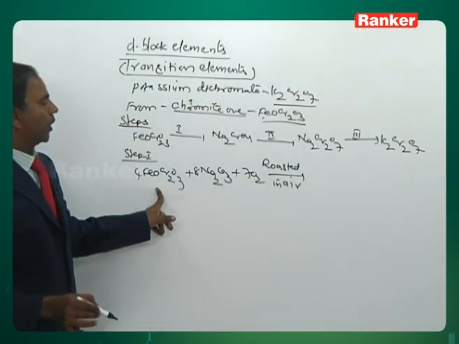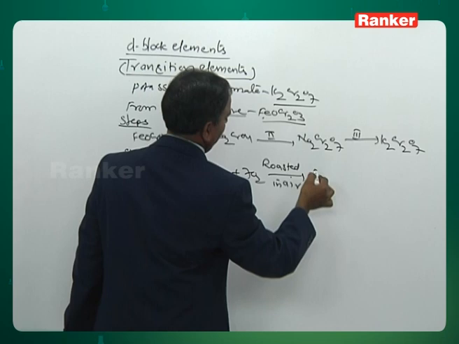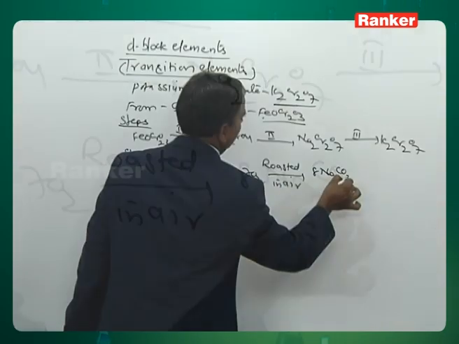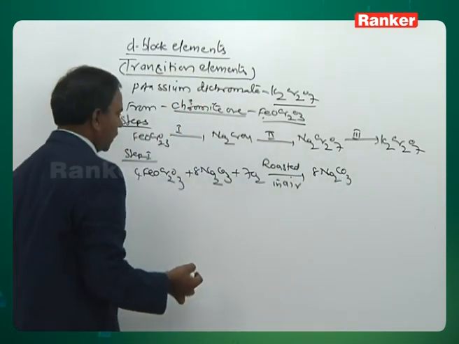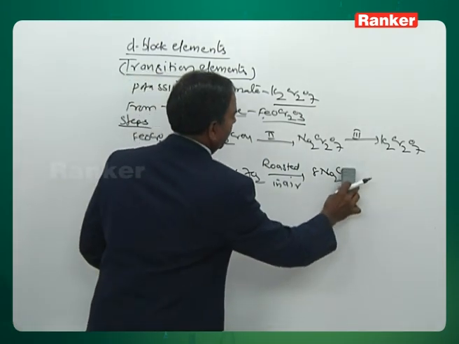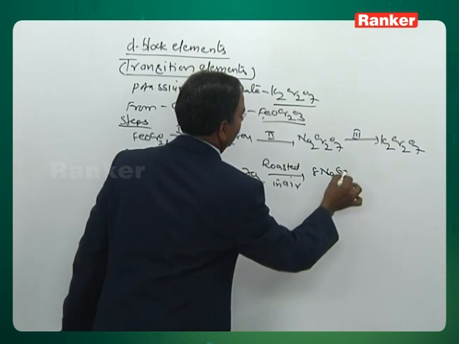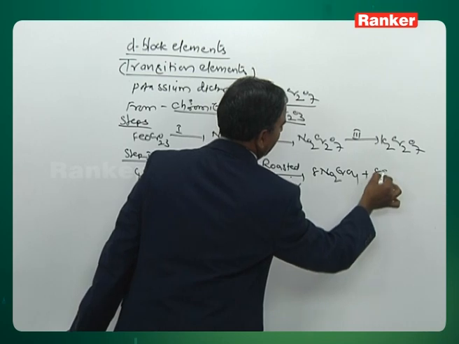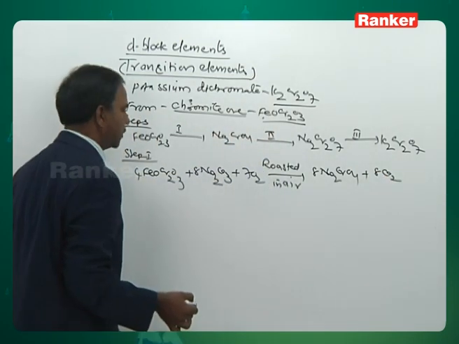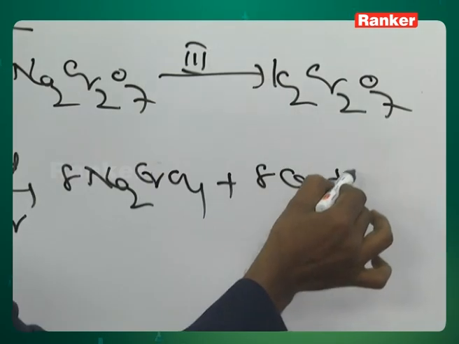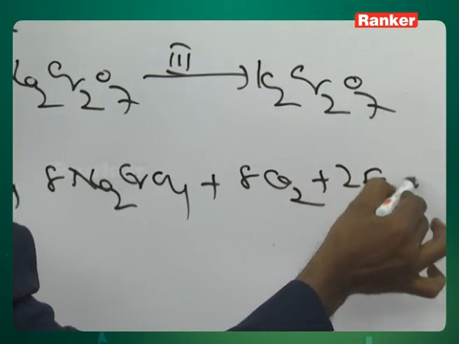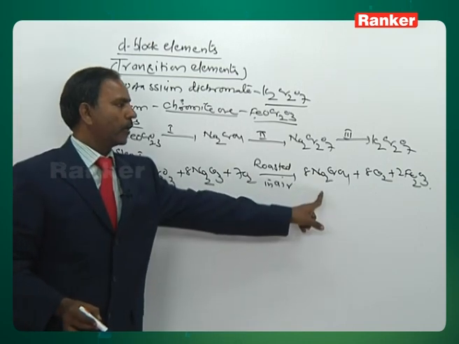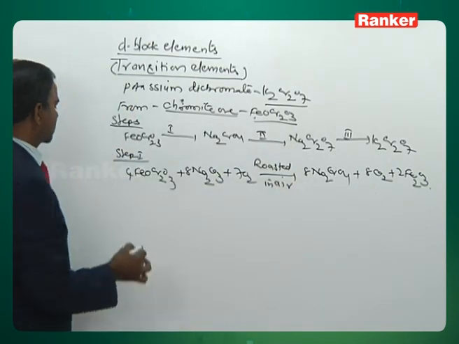Then this chromite ore converts into sodium chromate: 8Na2CrO4 plus 8CO2 plus 2Fe2O3. The first step, chromite ore is converted into sodium chromate. Let us come to the second step, step 2.